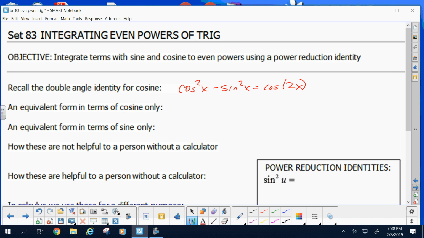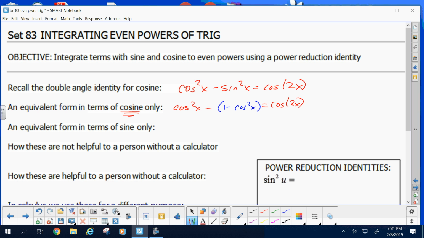Now, we usually had two other equivalent forms. If we wanted a form of this that was cosine only, then I could take the sine squared and replace it with 1 minus cosine squared, and that would make everything in terms of cosine.